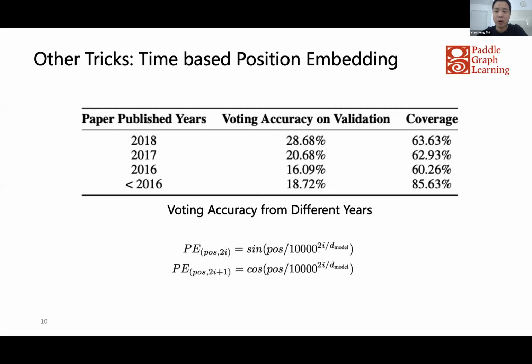So as the table shows, we simply perform a voting strategy on validation nodes by their neighborhood according to their published time, and results show that papers with closer published time have a closer relationship, which indicates that published time can be a feature to guide the information aggregation for those nodes with the same label.